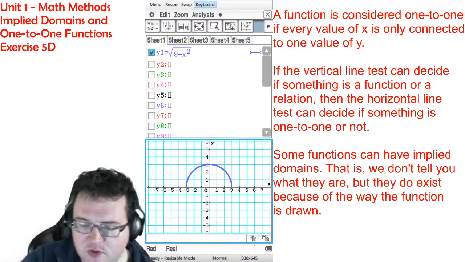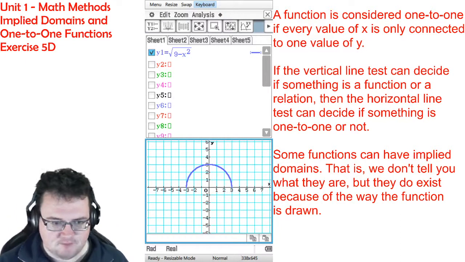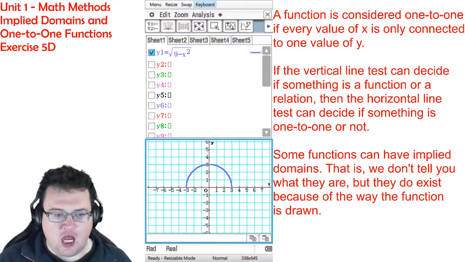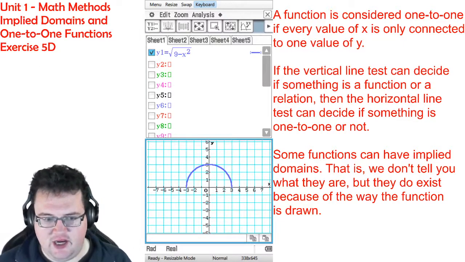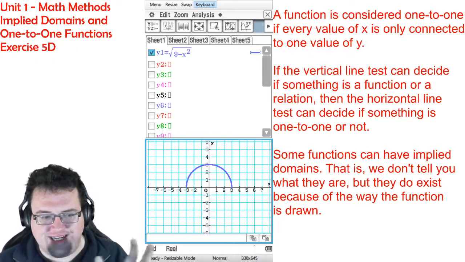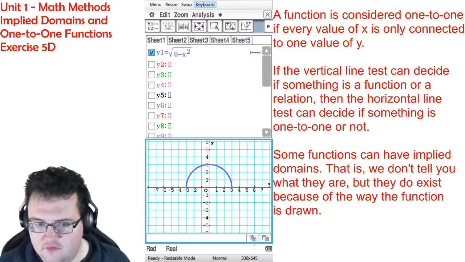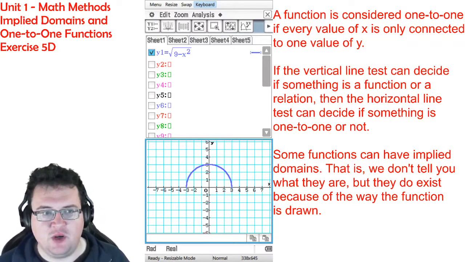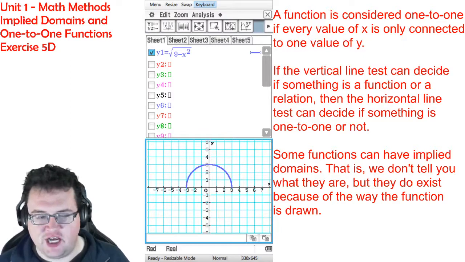Now, the practical component for today is the existence of implied domains. I don't need to tell you what the domain is for this graph. It is implied because the graph can't exist outside of it due to the nature of the equation. Because we are doing a square root equation, we can't have the square root of a negative number.